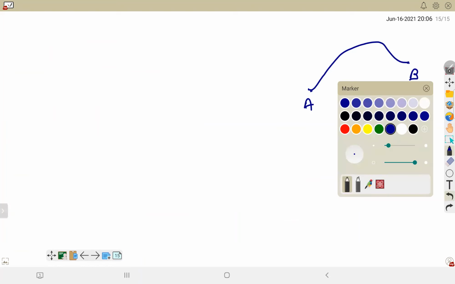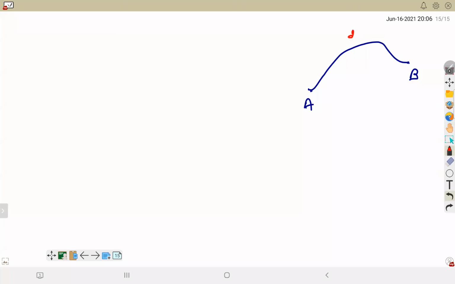So if we consider any journey starting from A to B, this is the distance covered along this whole path, and displacement will be along the straight line joining A to B. So distance is always going to be greater than the displacement for any time interval.